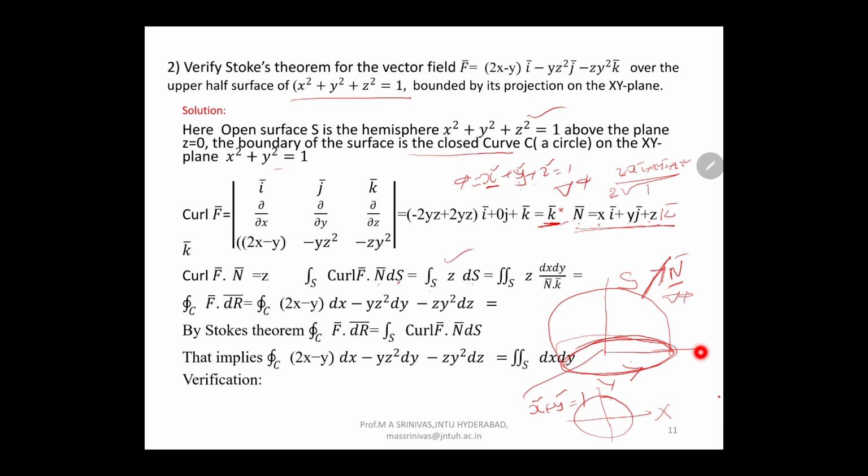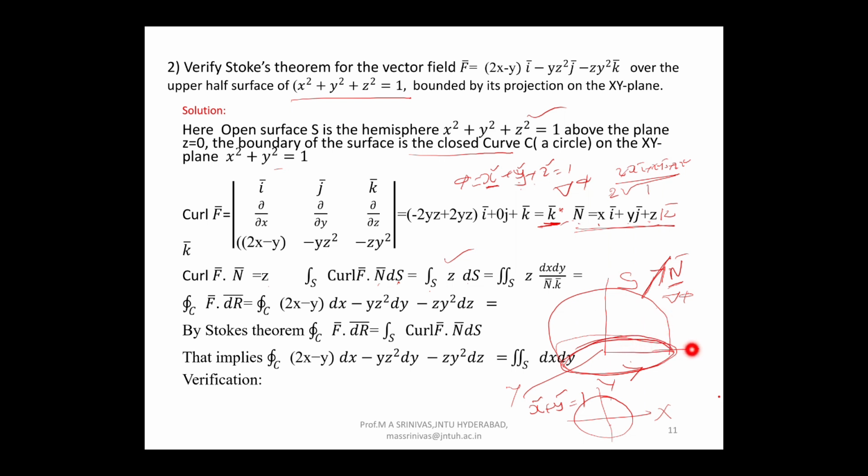Whenever I find dS, at the time of surface integral, while explaining that topic in the second lecture, I gave you a hint where to take the projection. If I take a line parallel to the zy plane, it cuts the surface at 2 points.